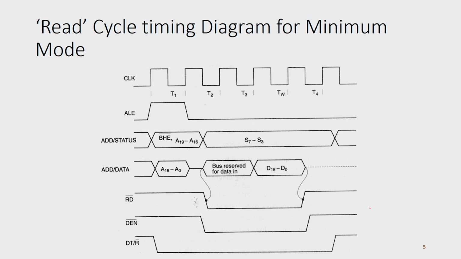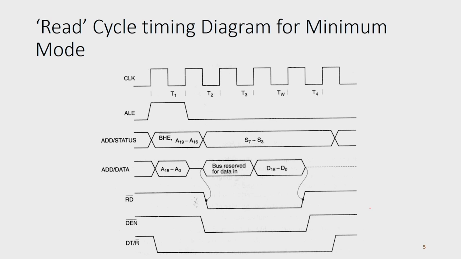As I have discussed, to demultiplex the address and data buses, and the status and address buses, ALE goes high in the T1 state. During this point the address bus and data bus will be demultiplexed, and the address bus and status bus will be demultiplexed. Similarly, there are 2 more signals, bus high enable and S7.